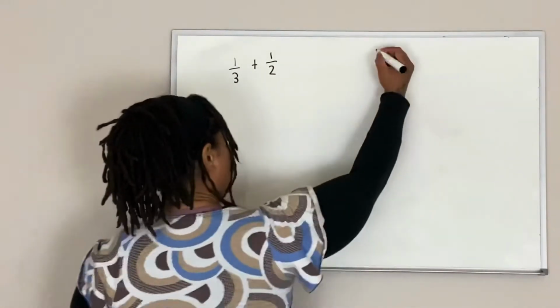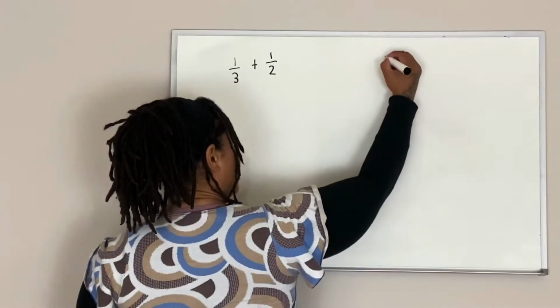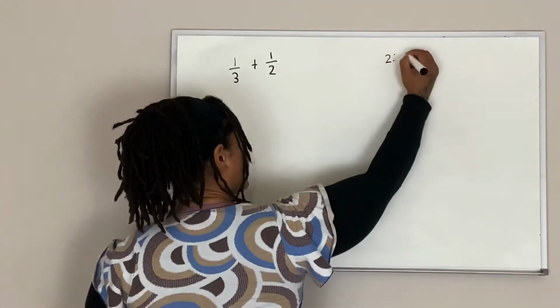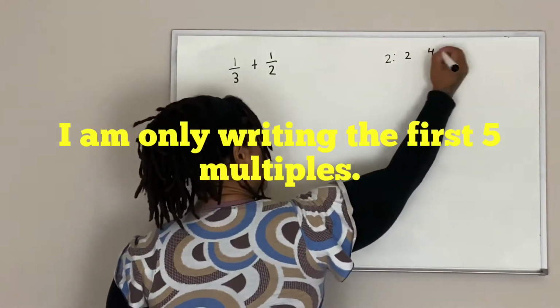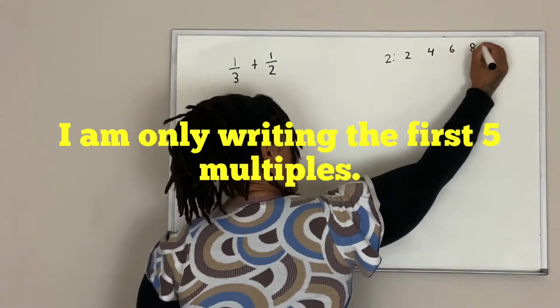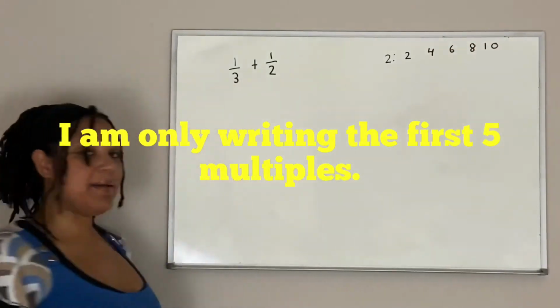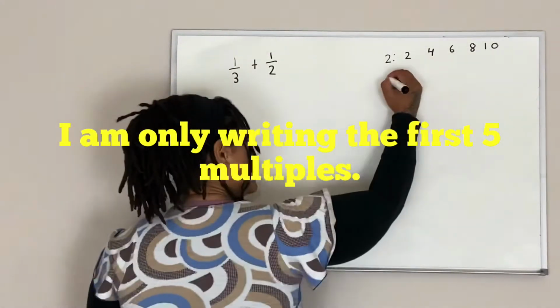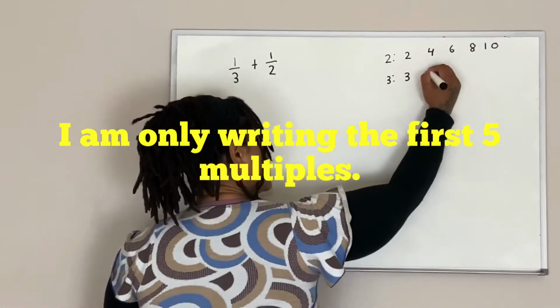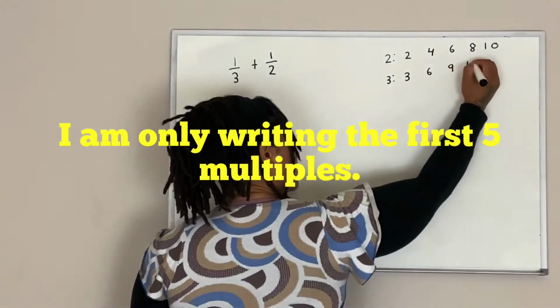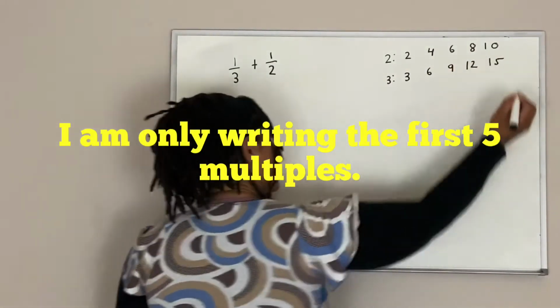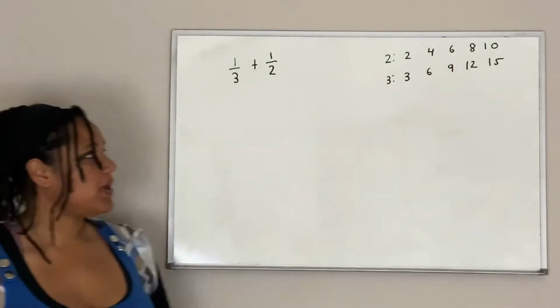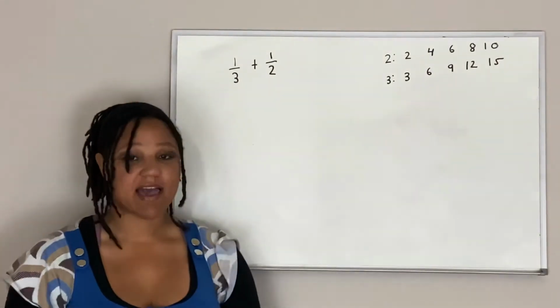So if I take all of the multiples of 2, I'm going to say 2, 4, 6, 8, 10. And if I find all the multiples of 3, it's going to be 3, 6, 9, 12, and 15. So now, right away, I want to see what multiples we have in common.